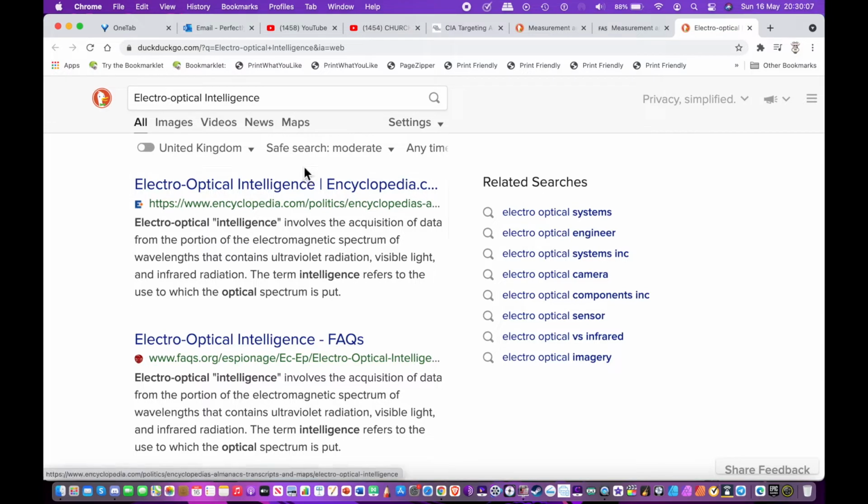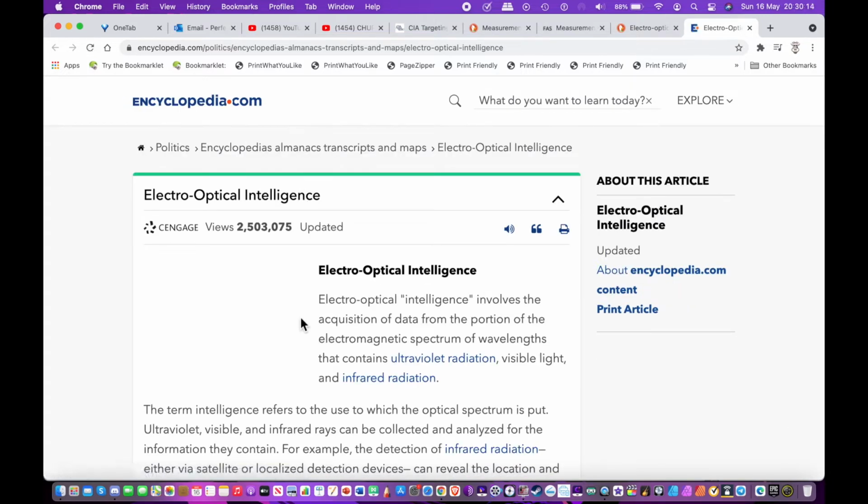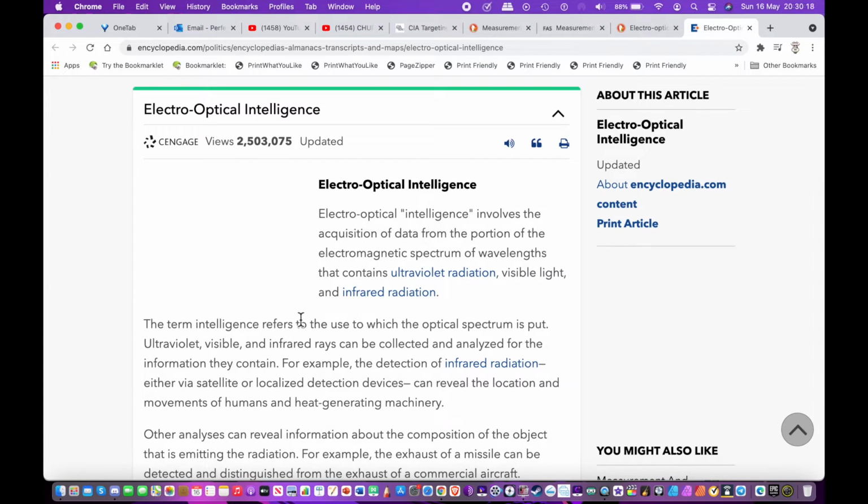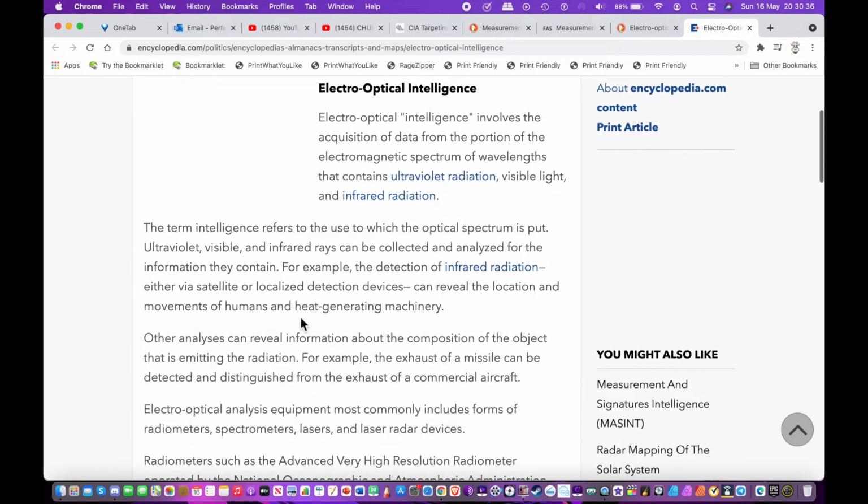Electro-optic intelligence involves the acquisition of data from the portion of the electromagnetic spectrum of wavelengths that contains ultraviolet radiation, visible light, and infrared radiation.